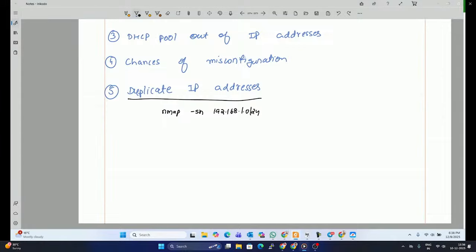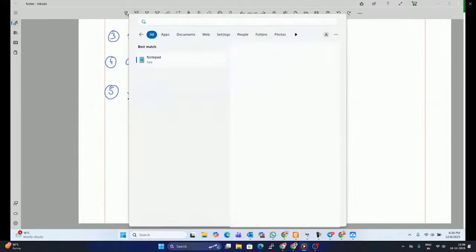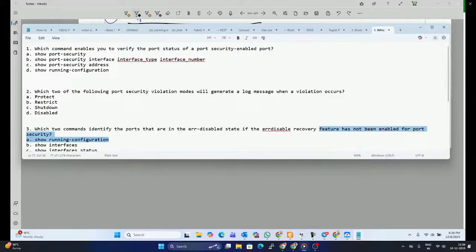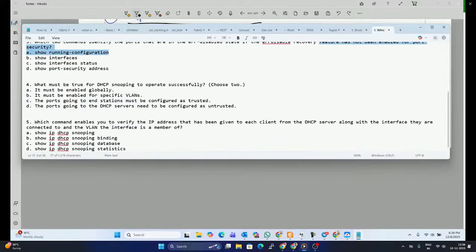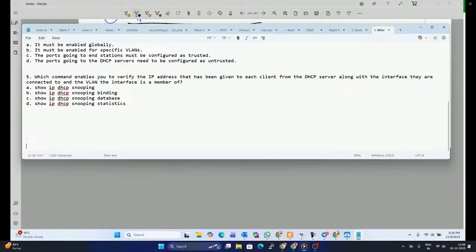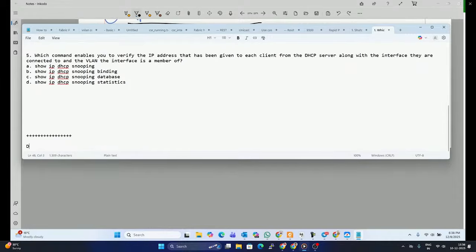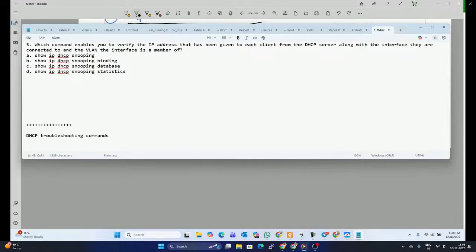Now, we're talking about DHCP on devices. Let's say we have a Cisco router, and these are DHCP troubleshooting commands. Let's say this is router 1.